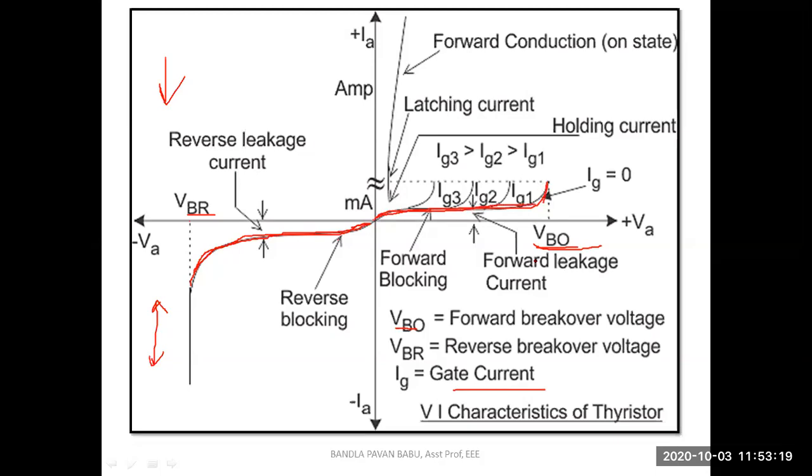So what will be the next step? If we keep on exceeding the forward breakover voltage, what happens? Again, the same thing: an avalanche occurs here. It is not mentioned here, but the same thing happens.